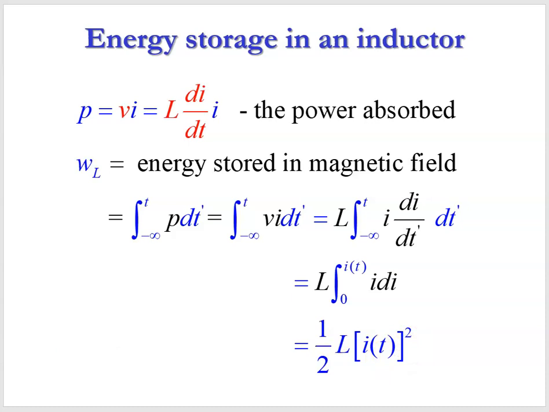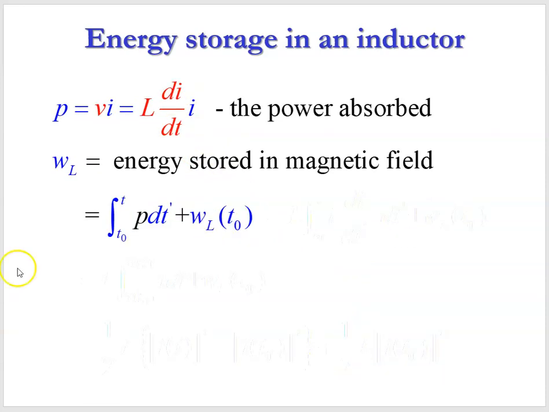We got it through looking at the power. And it's really much easier to look at the energy in the inductor. We just need the current, as opposed to the rate that the current is changing with time, which we need for the power. If we want, we can also find the energy stored in the inductor in that magnetic field by integrating, instead of from negative infinity to t, just from our initial time t0 to t, but then we have to add back in that constant of integration.